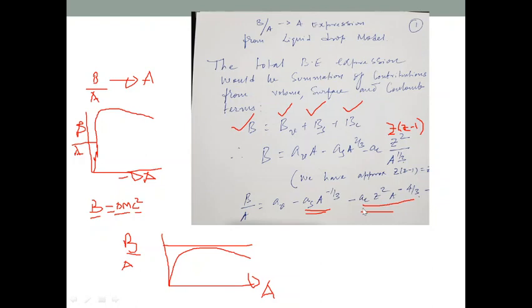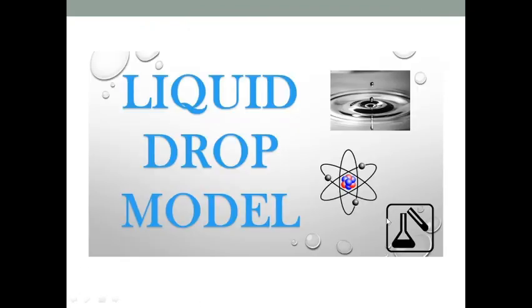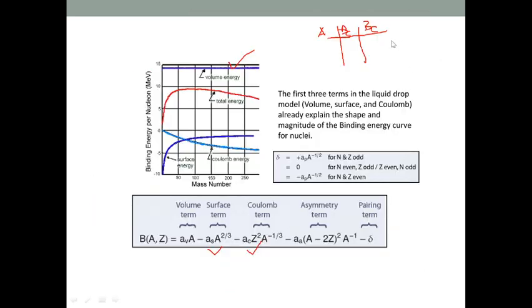You can take whatever values you want, or the constants are given in the book. I will be talking about these constants later on. Then you can generate the B_S term, the B_C term, and the A_V term is a constant. So if you just add all of them, you will get this type of graph for B by A. Consider the graph has been reproduced.